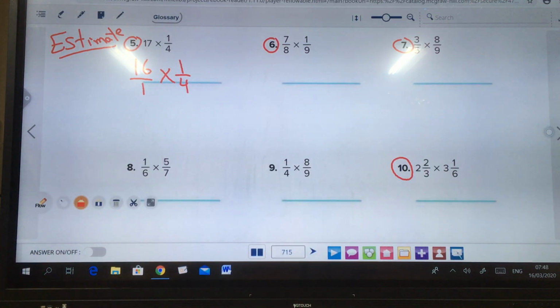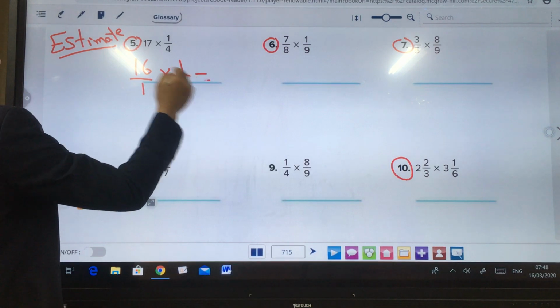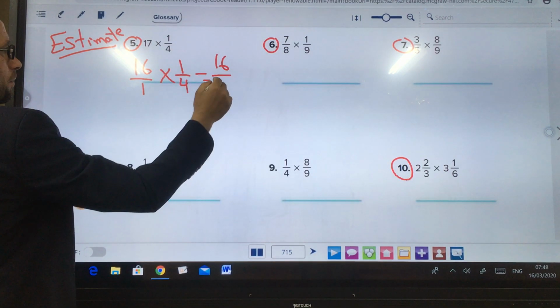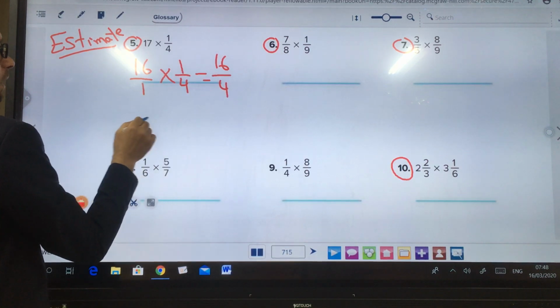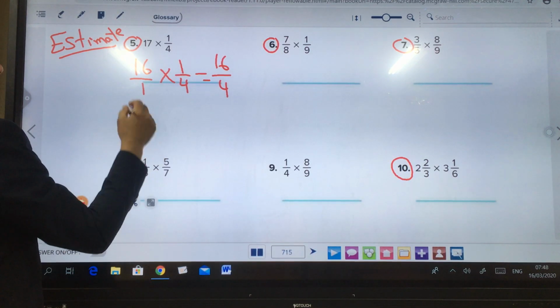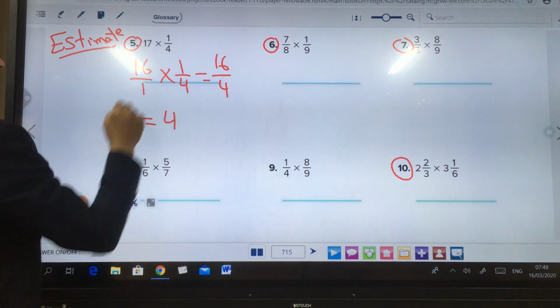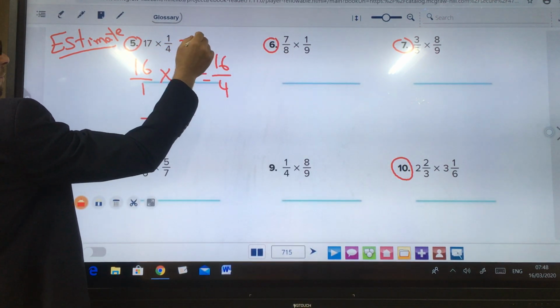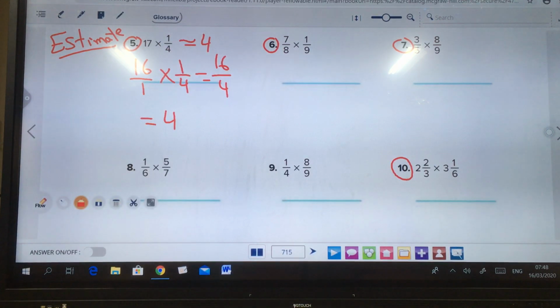Over 1. Any whole number stands over 1. So we multiply 16 over 1 by the fraction with denominator 4. 16 over 4 means 16 divided by 4, which is 4. So 17 times 3 over 4 is about 4. We studied this yesterday already.